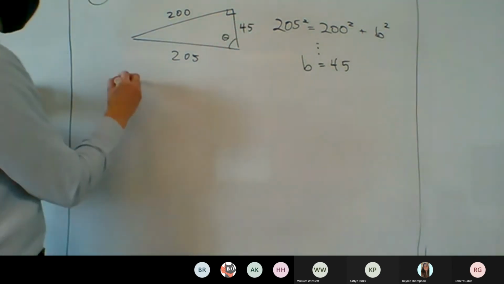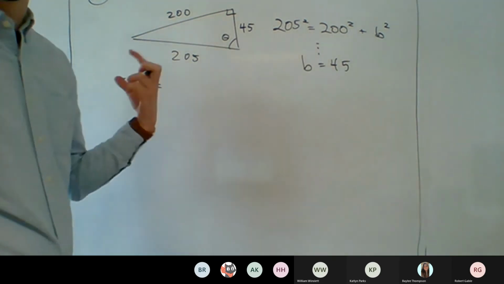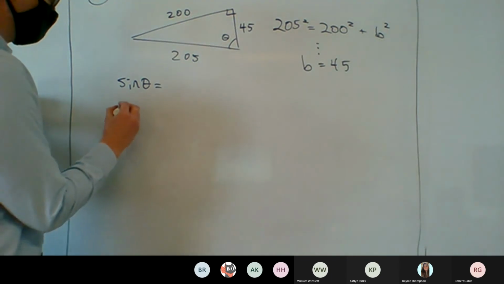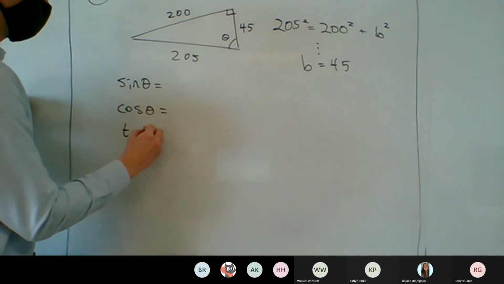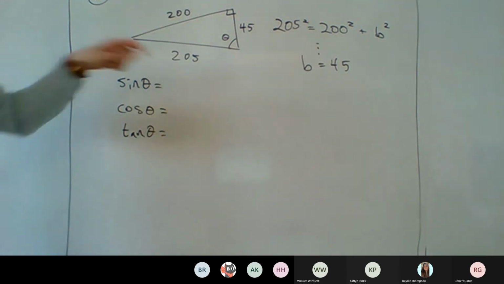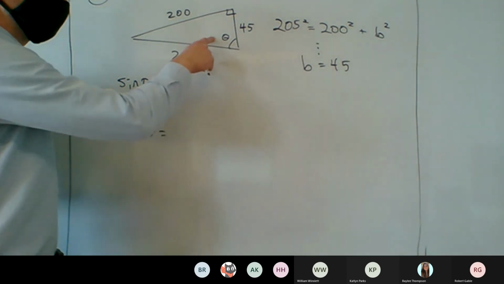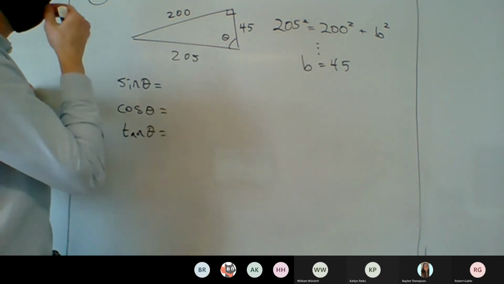And now I need to write down the trig ratios for each of the 6 functions. So sine of theta, cosine of theta. And this is coming straight from their definition inside of a right triangle. The sine of the angle gives a ratio of opposite over hypotenuse.